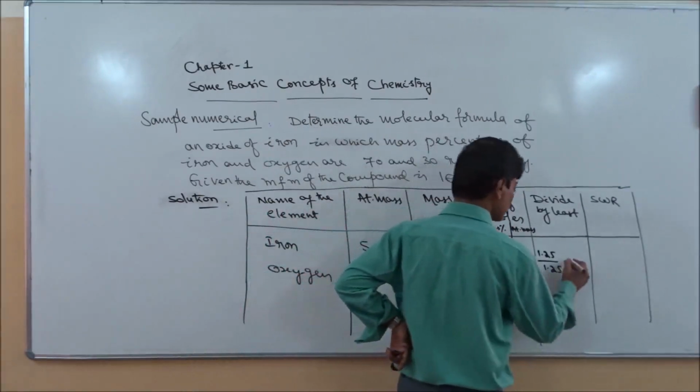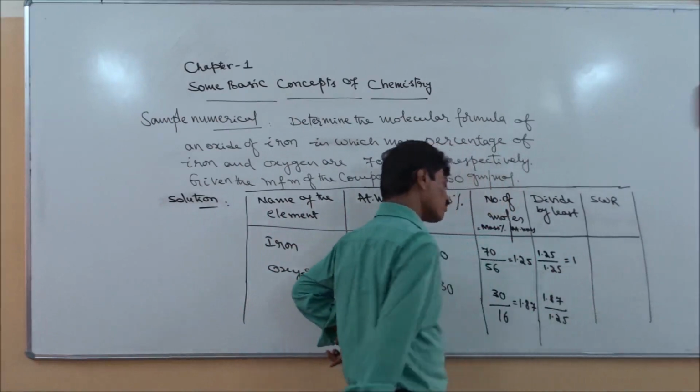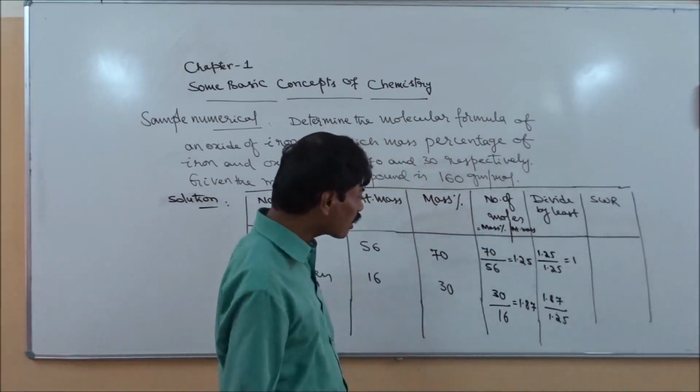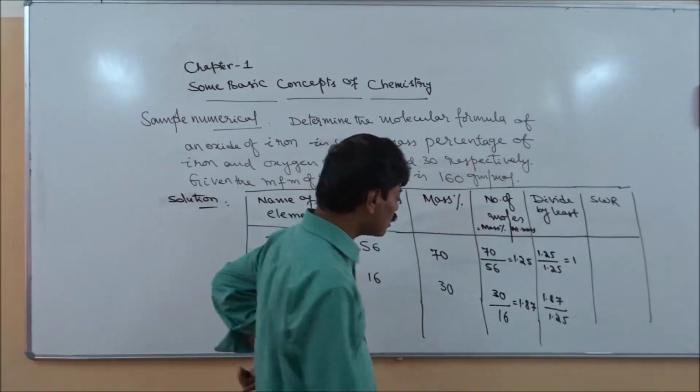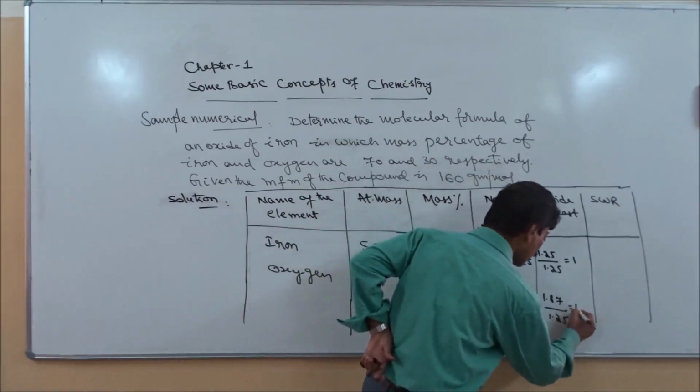In the first case we get 1 for iron, and in the case of oxygen we get 1.5.